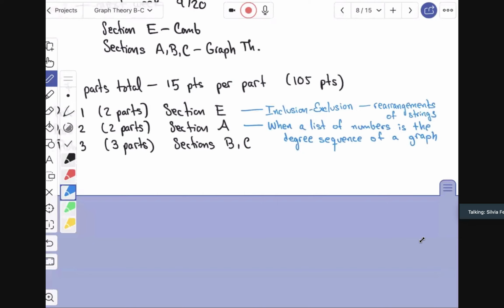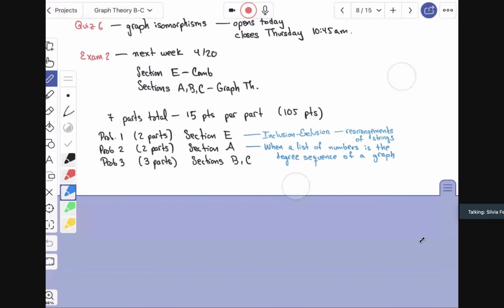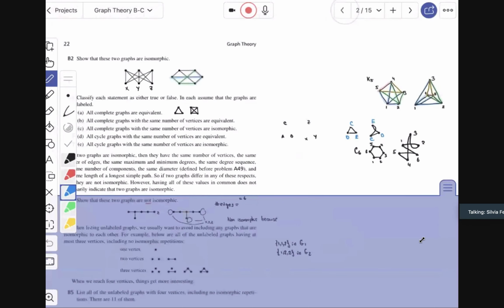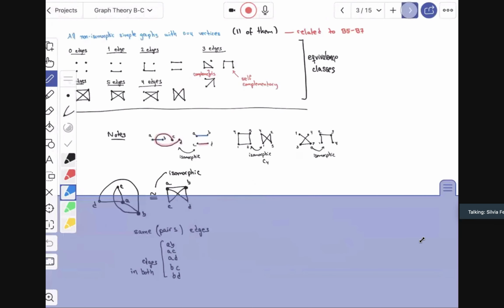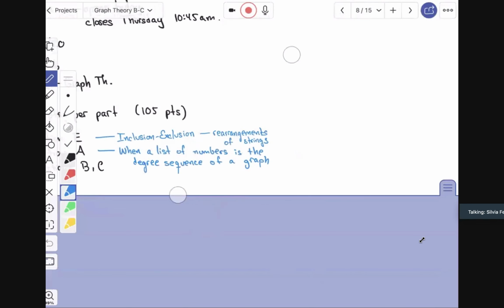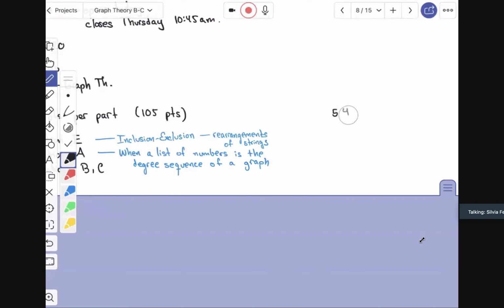You remember that algorithm? Maybe I have it in the notes for section E. I'm talking about that algorithm where, if I give you degrees 5, 4, 4, 3, 3, 2, I don't know, a list of numbers, and I ask you if it's the degree sequence of a graph, you can follow the algorithm that says remove the first one, subtract one from all the others.